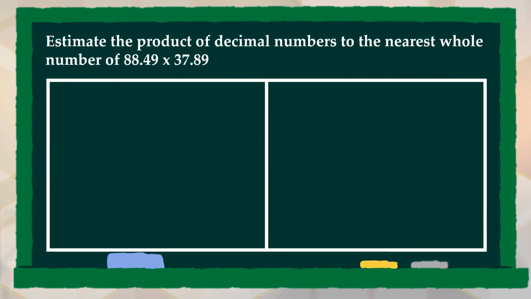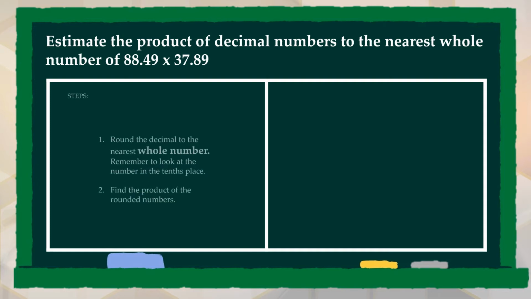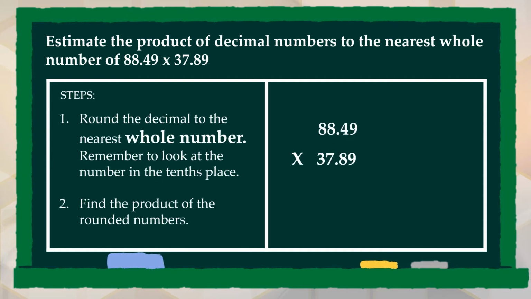Let's have another example. Estimate the product of decimal numbers to the nearest whole number of 88 and 49 hundredths times 37 and 89 hundredths. Let us follow the steps given. First, round off the decimals to the nearest whole number. So, 88 and 49 hundredths is approximately equal to 88, and 37 and 89 hundredths is approximately equal to 38.